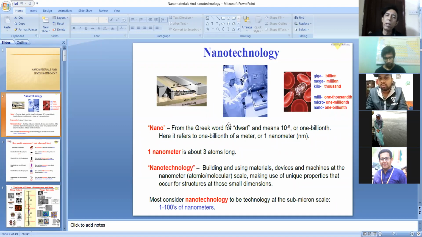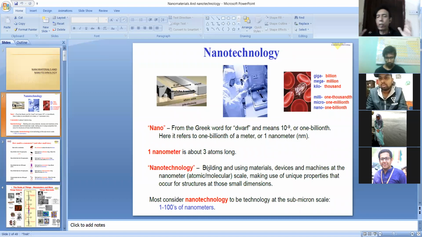You can say building and using materials. That means building of a nanoparticle is also nanotechnology. How you can prepare a nanoparticle, that is also nanotechnology. And actually the chemists work on that portion, how to build a nanoparticle.